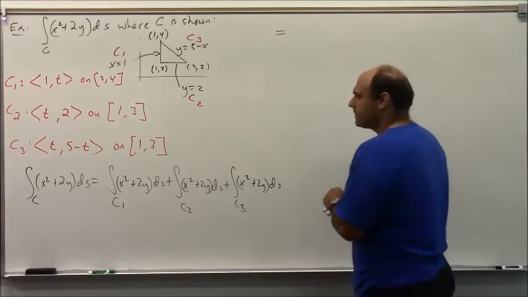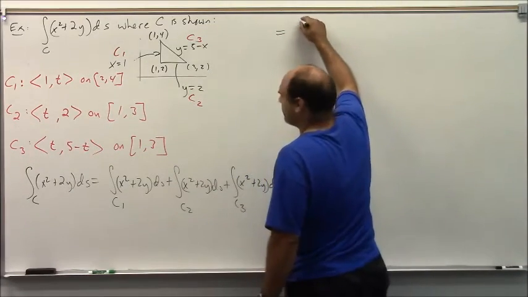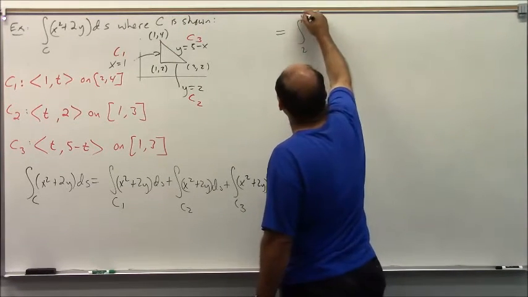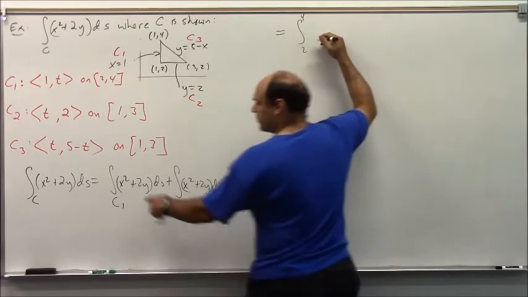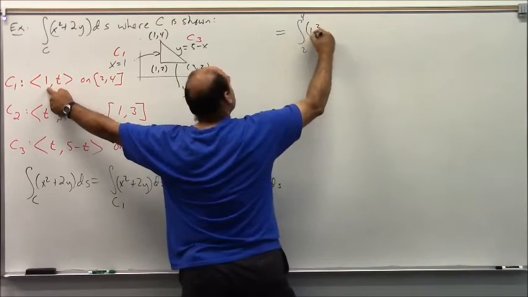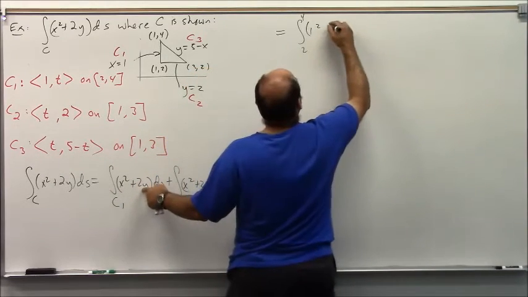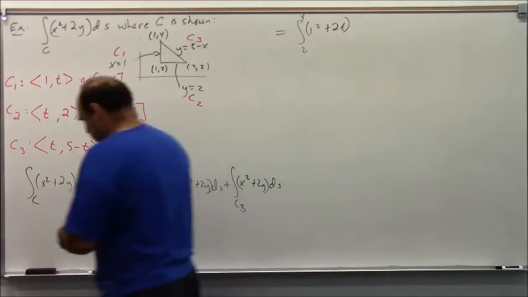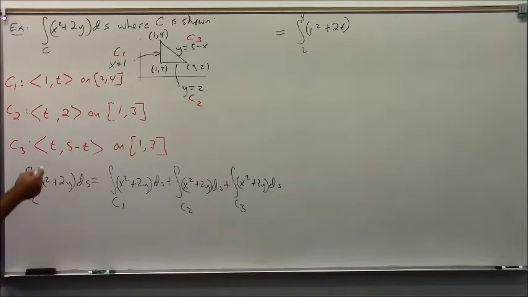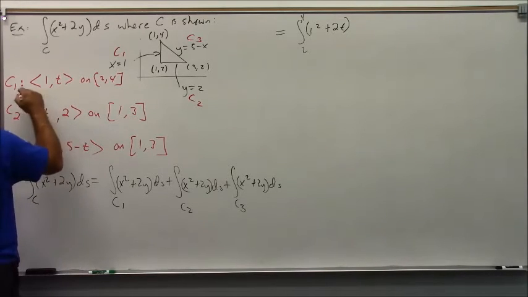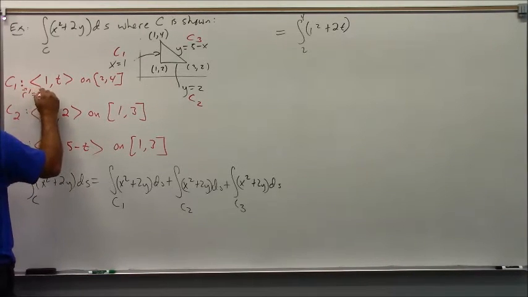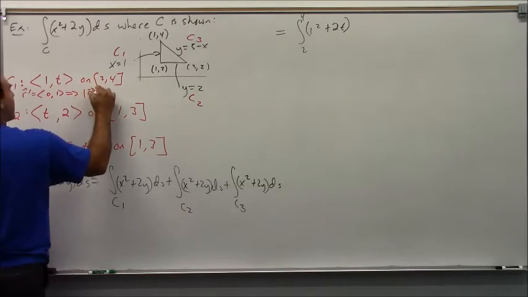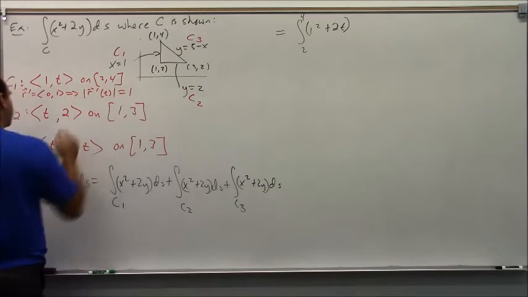Here I go. On C1, my variable is t ranging from 2 to 4. I have x squared, 1 squared, plus 2y ds. Oh, I didn't get my ds, did I? I need to get the ds. So if this is r, r prime then is 0, 1, and so the magnitude of r prime is just 1.